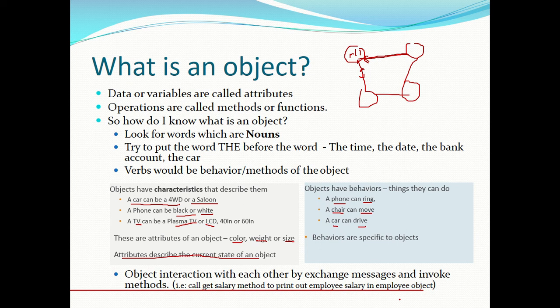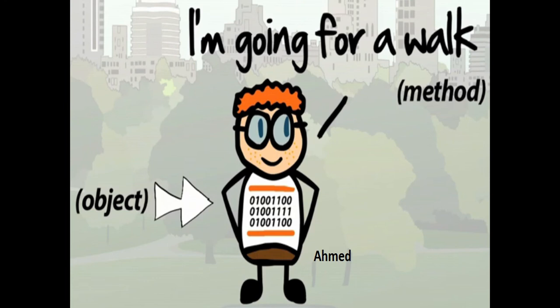All right, so now we know what an object is. Everything around you is an object. Each object has attributes, or data, or variables that describe it, and also has operations, or we call them methods, or behavior, that describe what this object can do exactly. This is an example of a person.